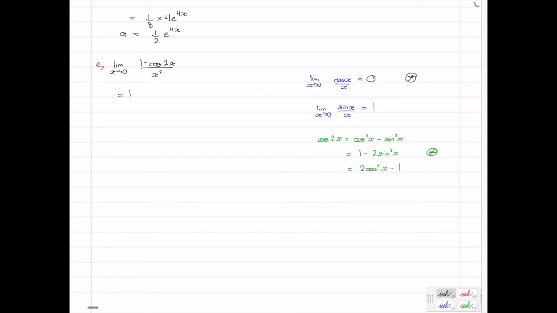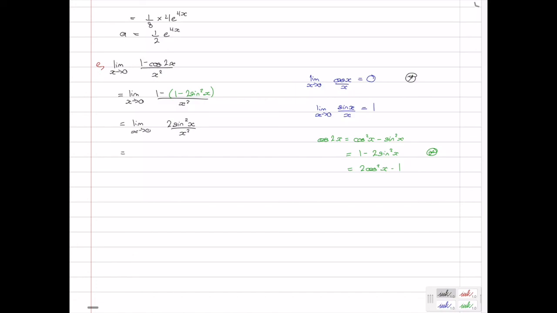So we're going to get the limit as x approaches 0 of 1 minus, and then I'm going to substitute in 1 minus 2 sin squared x, divided by x squared. Now these 1s will cancel and I'm left with positive 2 sin squared x divided by x squared.